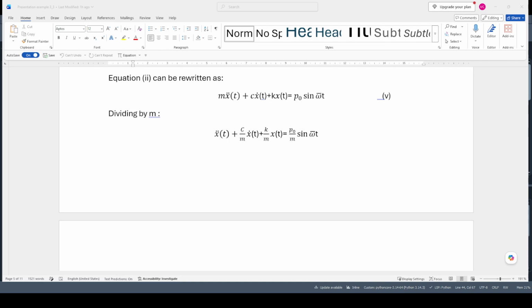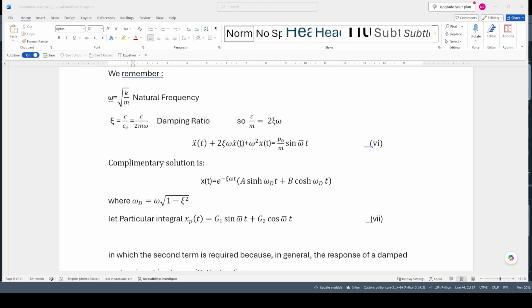Okay, in this way, formula 5: the mass times acceleration plus the damping coefficient times the velocity plus the stiffness of the spring times the displacement is equal to P0 sin(omega bar t).